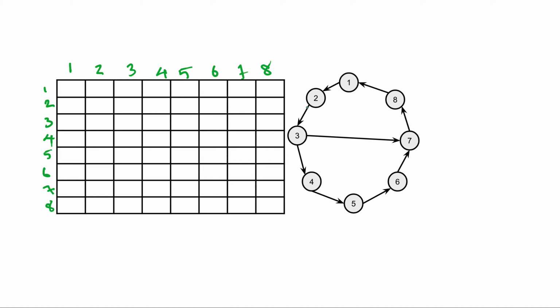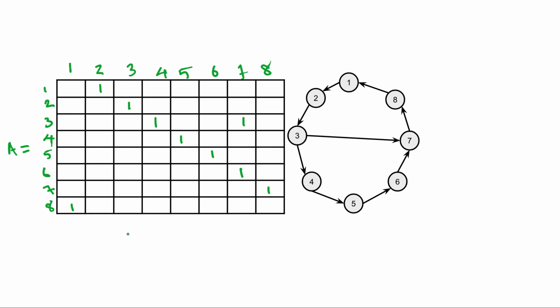Okay, then if you draw the connections in this adjacency matrix, then you have 1 is connected to 2, then 2 is connected to 3, 3 is connected to 4, as well as 3 is connected to 7, then 4 is connected to 5, 5 to 6, 6 to 7, 7 to 8, and 8 back to 1. And all other entries in this matrix are 0. So this is my adjacency matrix.